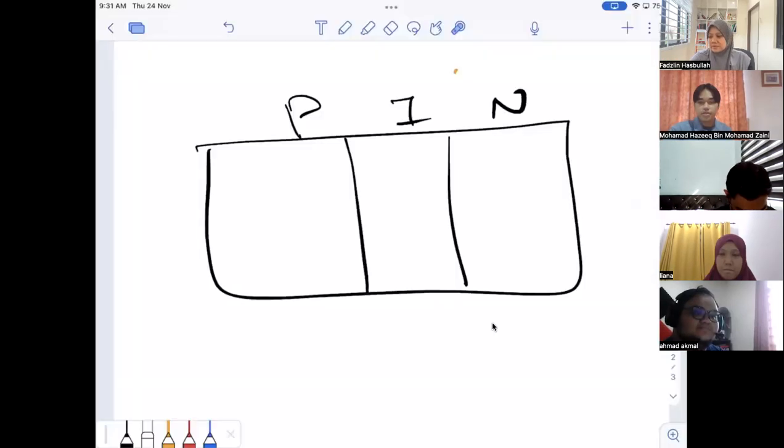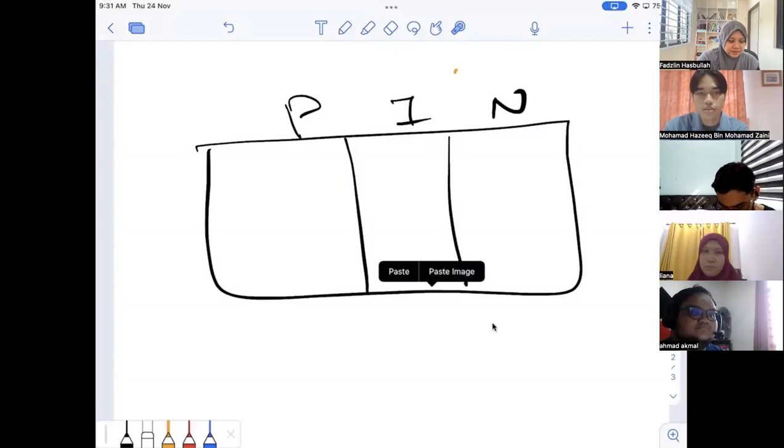Awak semua pakai Unify ke? Yes. Ayo, lagging lah. We cannot show how. Mana nak buat ni? Nampak saya punya drawing ni. Ya, kena nampak balik.